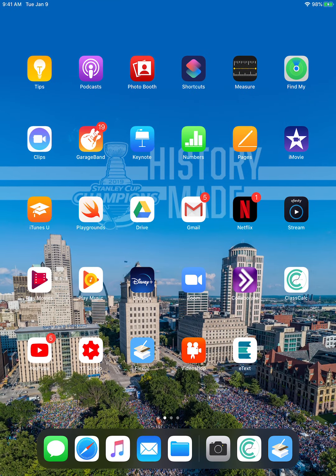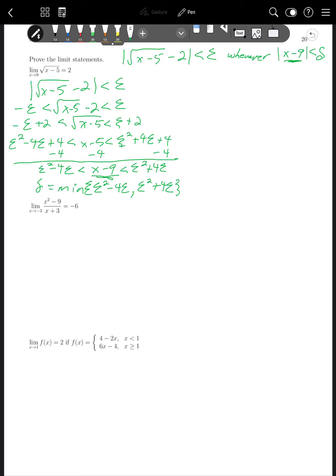So if we come back here and we look at these, as epsilon approaches 0, let's write it that way, using the arrow notation that we've been using for approaches, epsilon squared minus 4 epsilon is negative. So delta has to be equal to epsilon squared plus 4 epsilon.